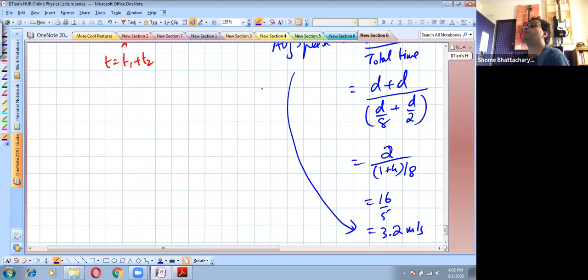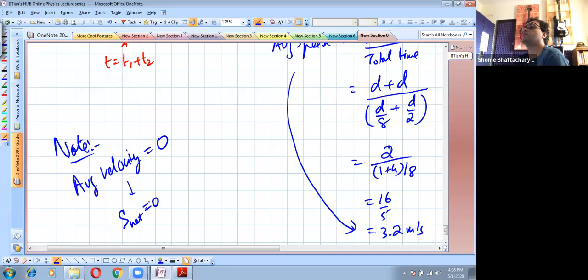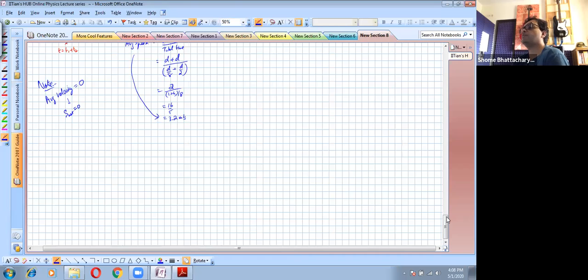But you should also be mindful of one thing, that the average velocity will be 0. Why? Because the net displacement is 0.